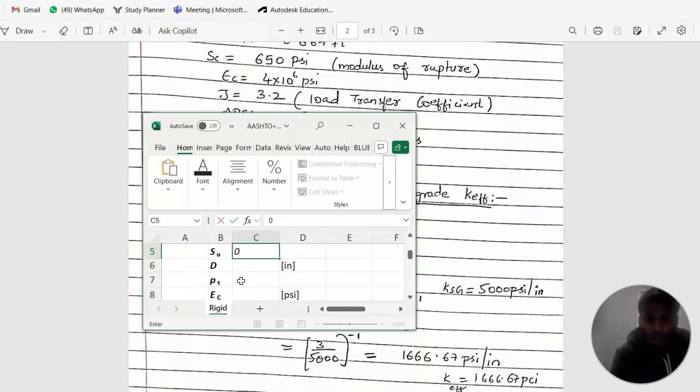Zero, and we have D as 8 inches, so we can take it as 8 inches. PT as 2, like we take 4.5 minus 2.5, so we get the value of 2, as you can remember. EC is in the question, which is 4 into 10 power 6 psi.